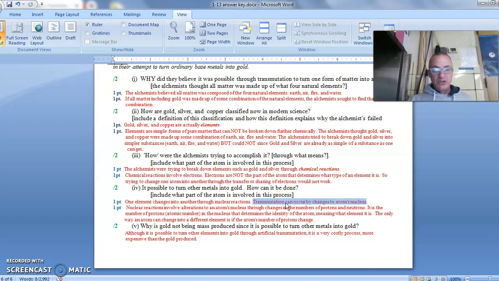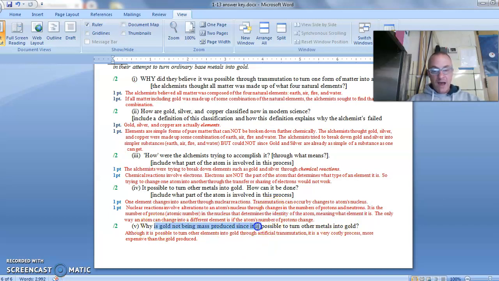So transmutation, the changing of one form of matter into another, can and does happen. It happens naturally through radioactive reactions, radioactivity. It can happen through man-made artificial transmutation, but it involves alterations to the nucleus, specifically the number of protons. Only in messing with the number of protons can one element's identity be changed into another. So it can be done. It has been done. It is being done.